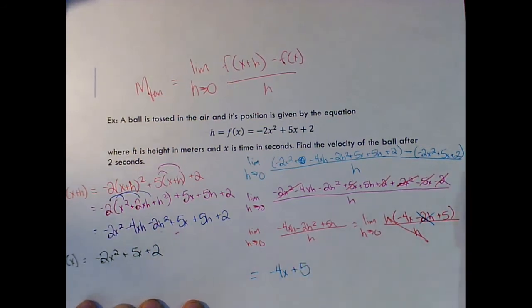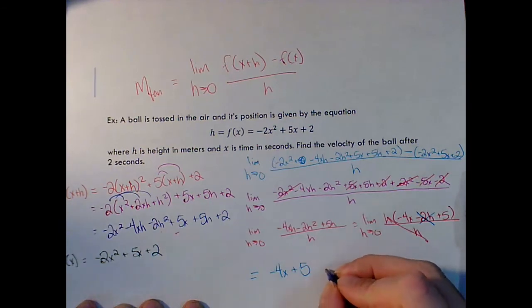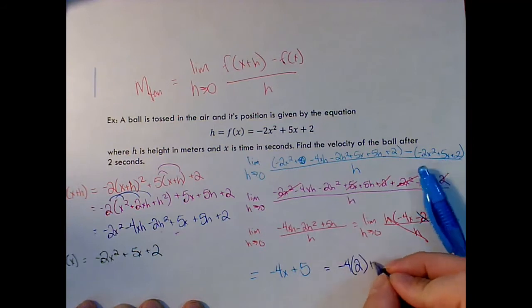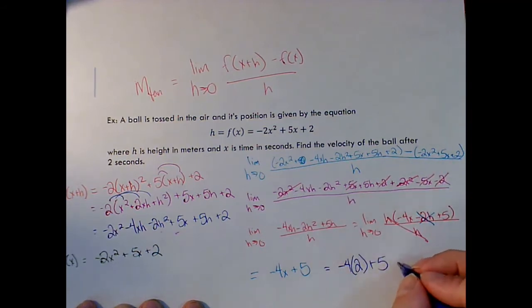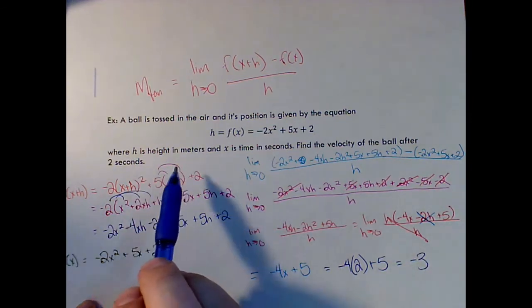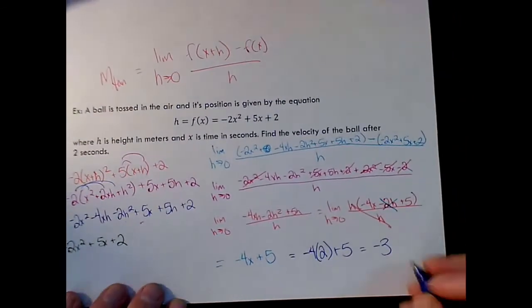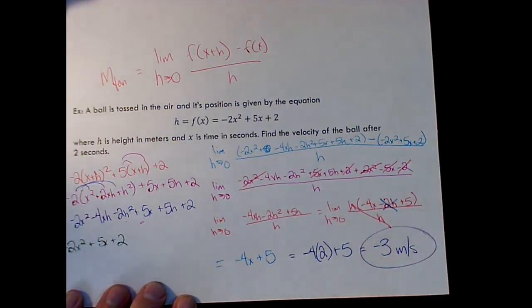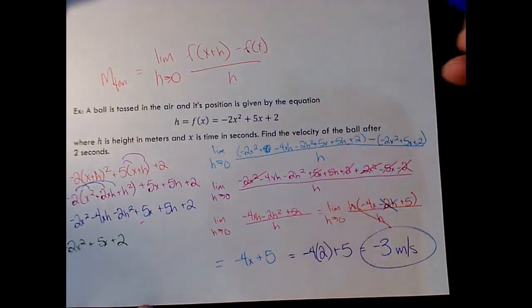I care about the 2 seconds, right? So I'm going to plug in 2 for x. That's going to give me negative 8 plus 5, which is negative 3. And we're talking about meters per second. That's my velocity. So we have a graph that looks like this.